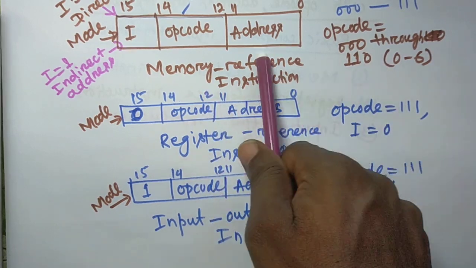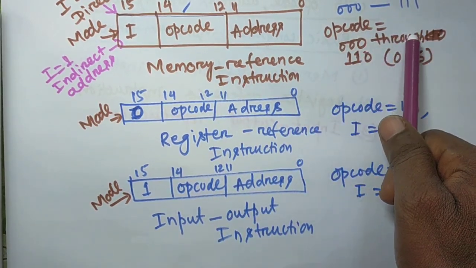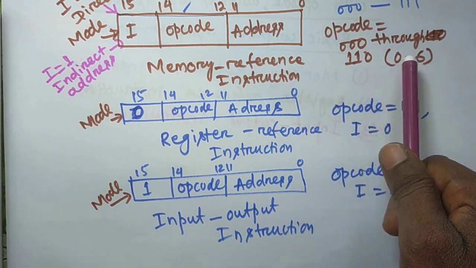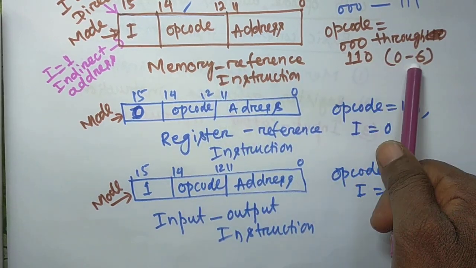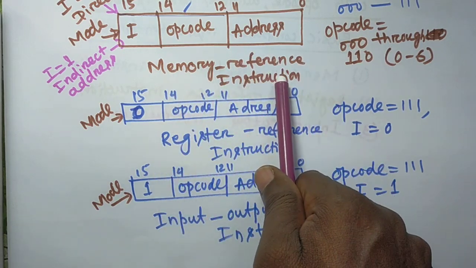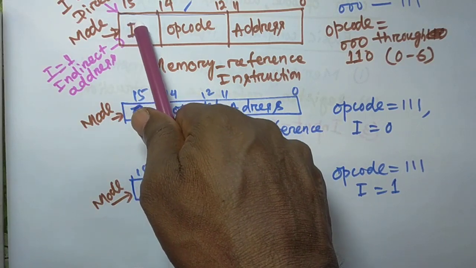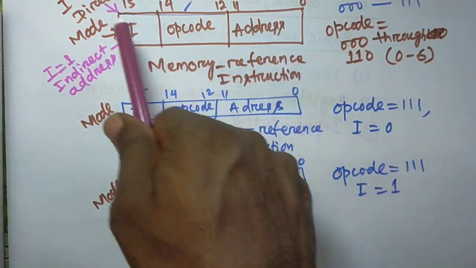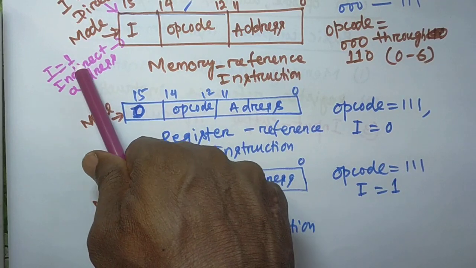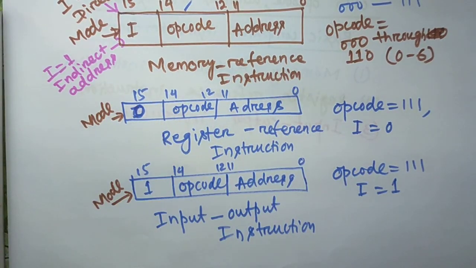We define it through the opcode. The opcode value is 000 through 110, meaning 0 to 6. If the opcode is 0 to 6, then we call it a memory reference instruction, and it also depends on I. If I is equal to 0, then memory reference with the direct address. If I is equal to 1, then memory reference with the indirect address.